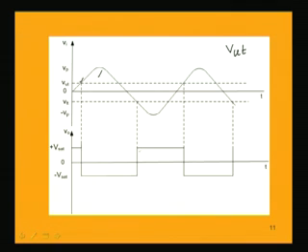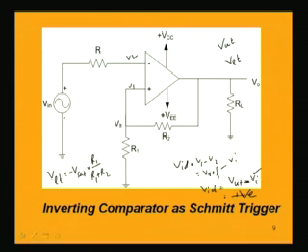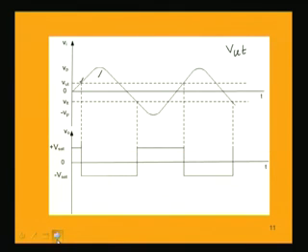So, from this point to this point, when positive V saturation is the output voltage, we compare with the VUT, and as has been shown, the difference voltage depends upon the difference between VUT and Vi. So, VUT is higher, so it will continue to be positive, and this will be repeated.